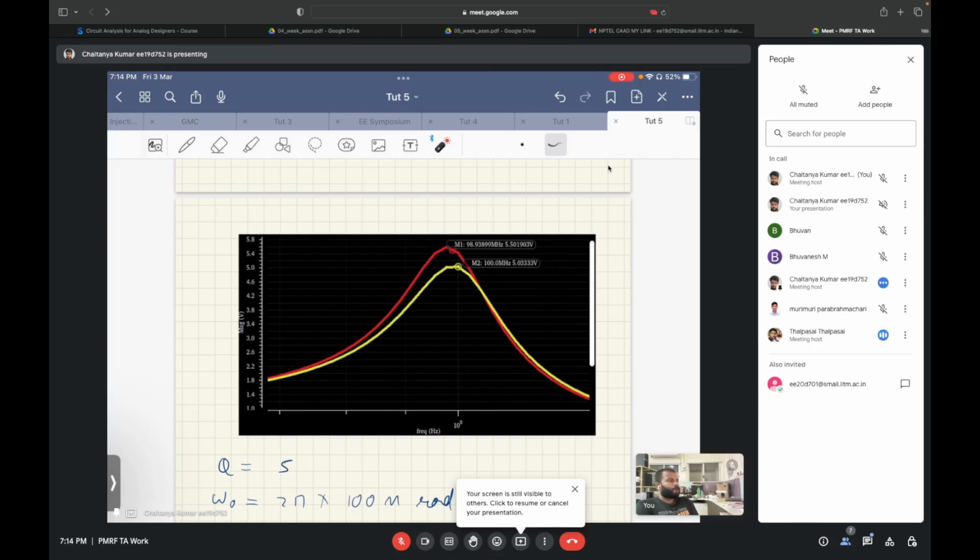Sir, there is one book, Active Filter Design. Is there any chance to find examples there, sir? Yeah, there you can work on that. Delta Sigma Converters? No, Delta Sigma Converters is a book on a class of ADCs called Continuous Time Delta Sigma Converters. I don't think you will find examples on active filter design there.